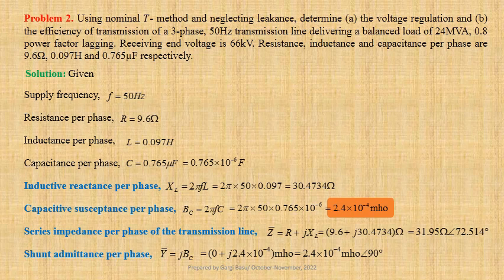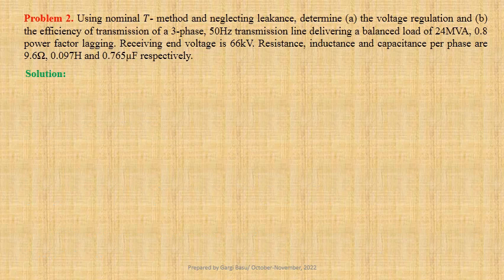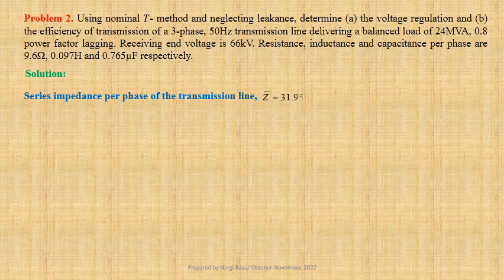90 degree. We have computed series impedance per phase of the transmission line Z equals 31.95 ohm at an angle 72.514 degree, and shunt admittance per phase Y equals 2.4 into 10 to the power minus 4 mho at an angle 90 degree.